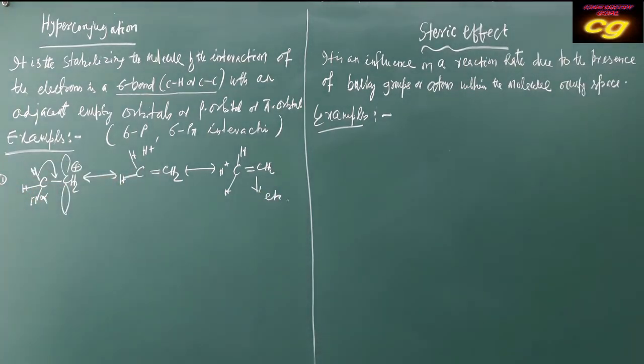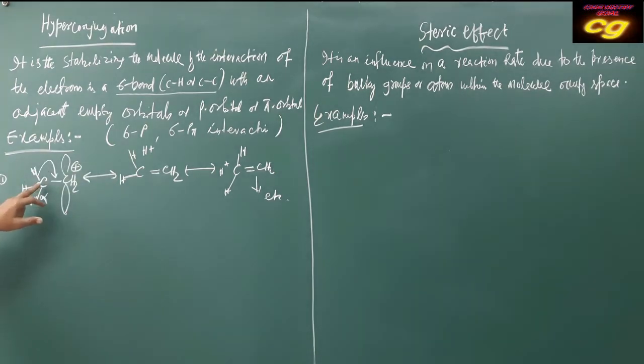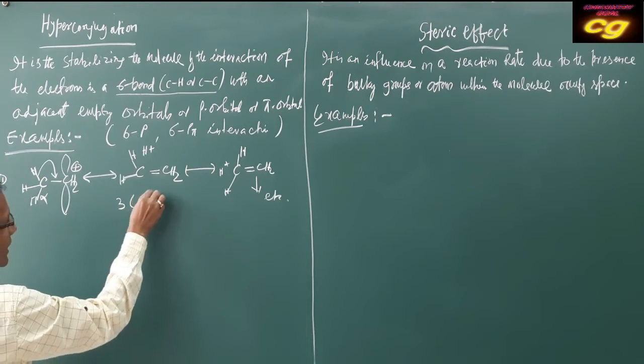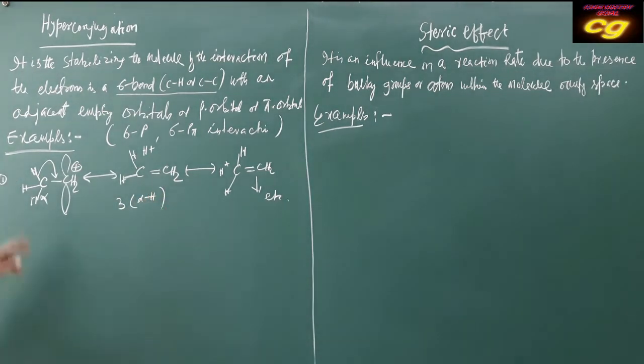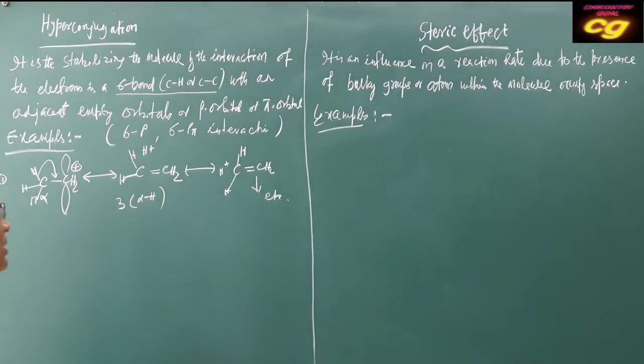This is the third. Another one is also possible. So as it has 3 CH bonds which can interact with the vacant p orbital, this molecule has 3 alpha hydrogen atoms, so 3 types of hyperconjugation are possible.